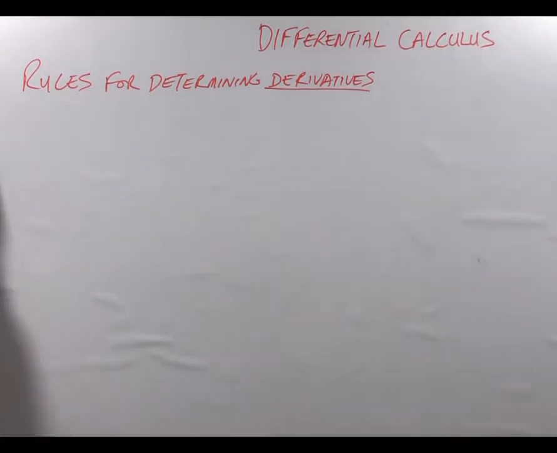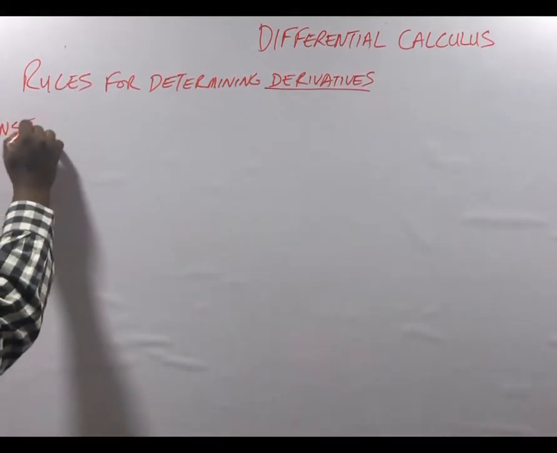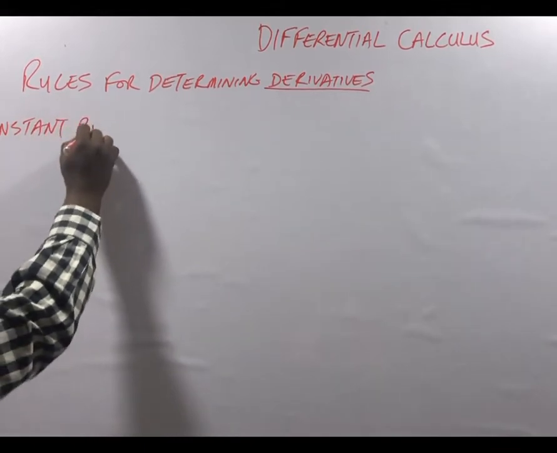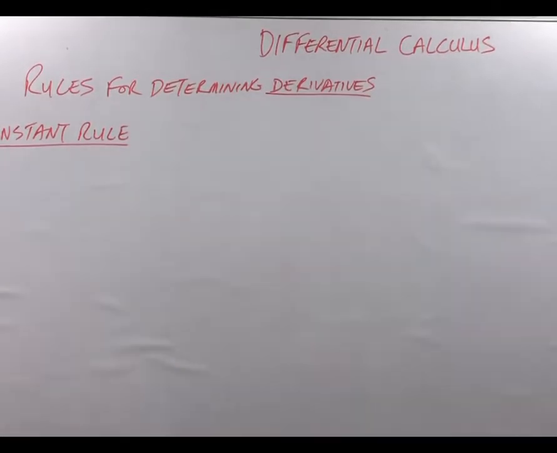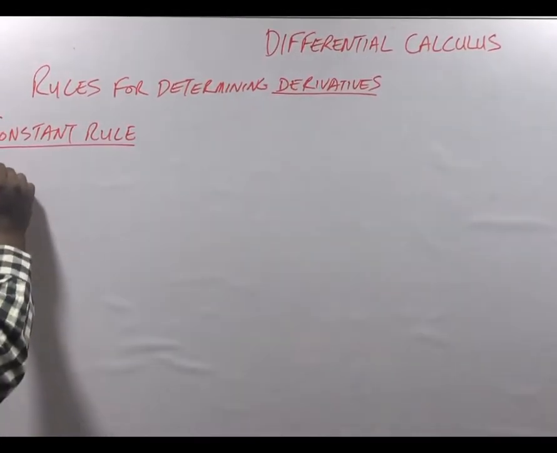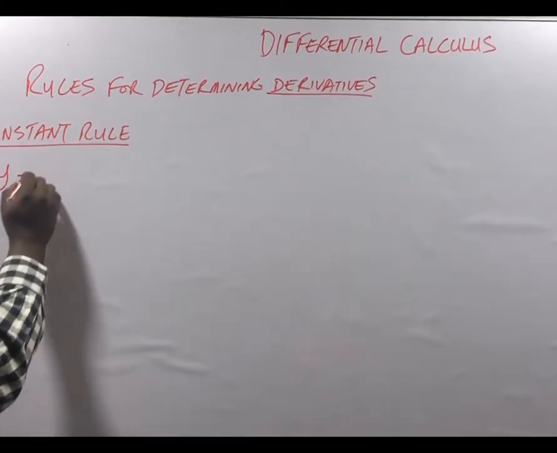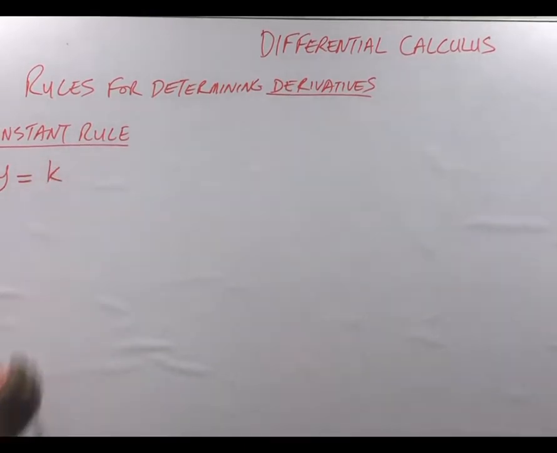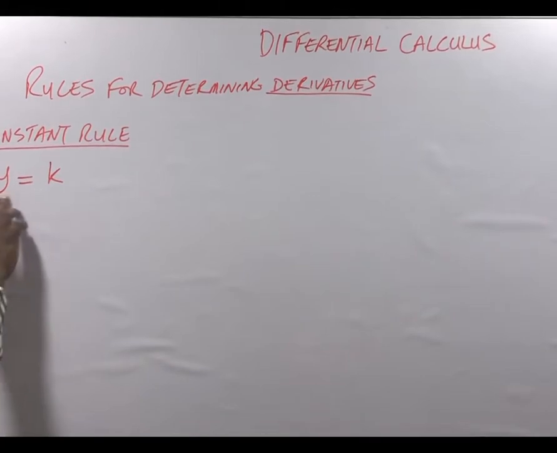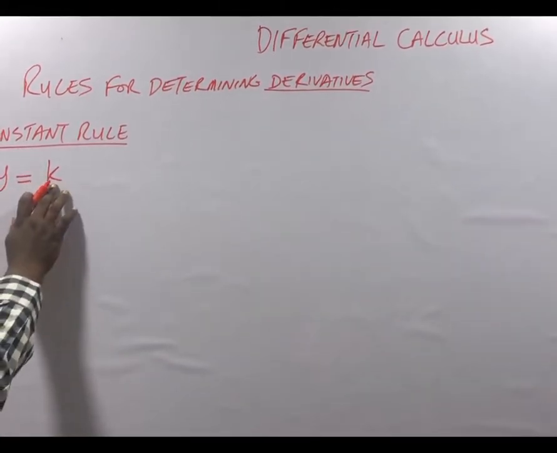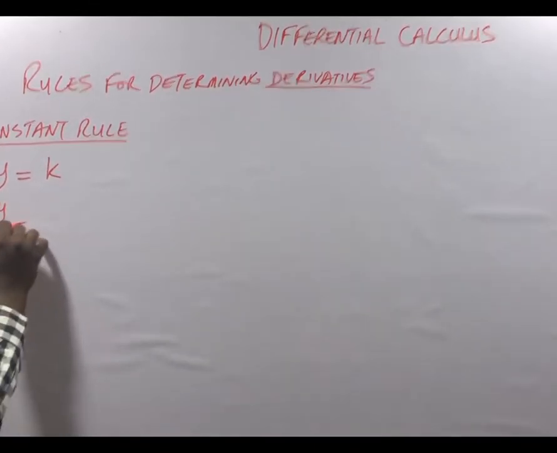So the first rule we're going to be looking at is what we call the constant rule. In the constant rule, it says that where you have a function that is a constant represented by k, a function which is equal to a constant k, the derivative of the function will be 0.